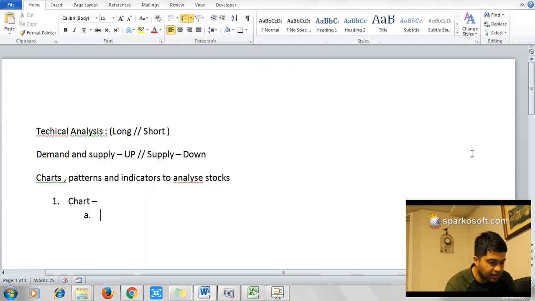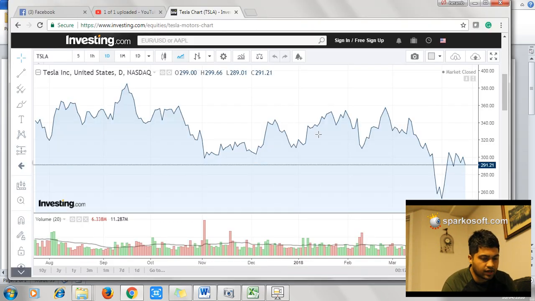So generally a chart has time on the x-axis and price on the y-axis. Okay, so you have time versus price, so it's a price-time chart.